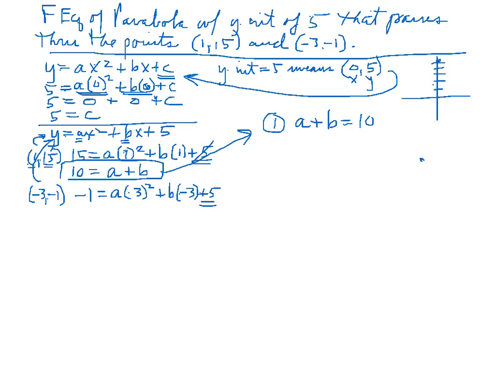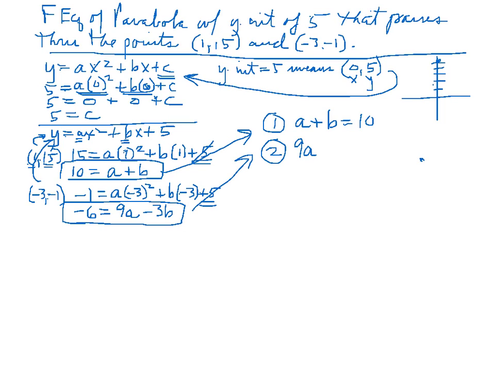Subtract 5 again, this becomes -6. This is 9 times a, because -3 squared is 9. And this becomes -3 times b. So now we get another equation from the second point, equation number 2, that 9a minus 3b is equal to -6.